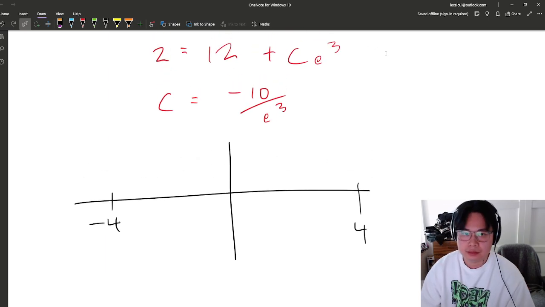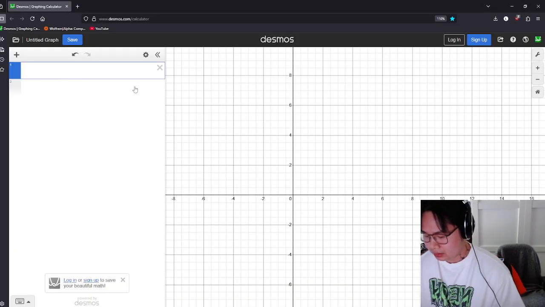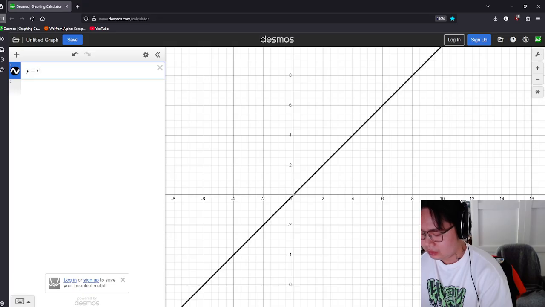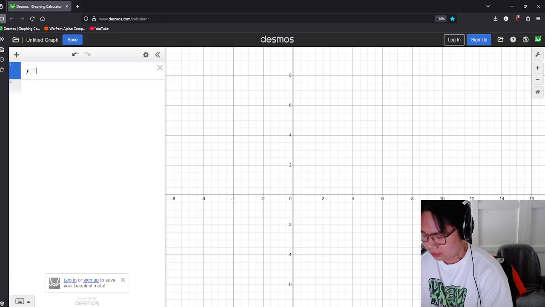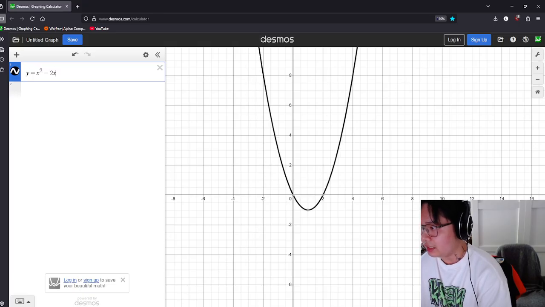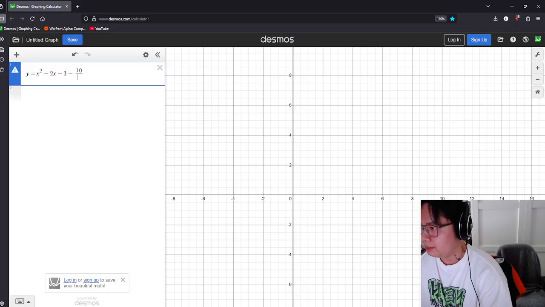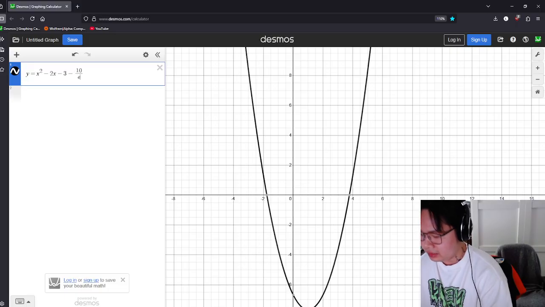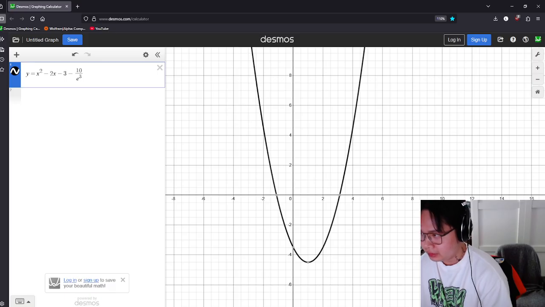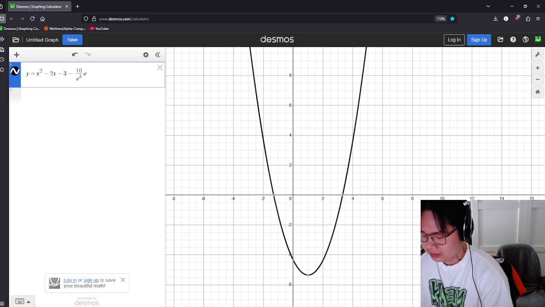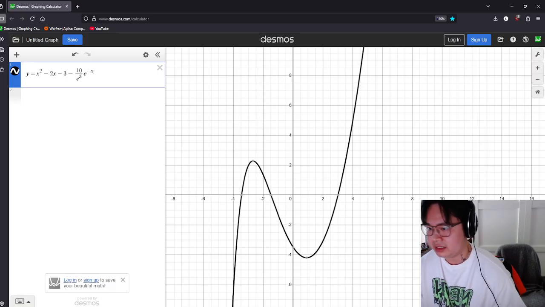Okay. So here's my Desmos. Y equals x squared minus 2x minus 3 minus 10 over e to the power 3 times e to the power of negative x, right?